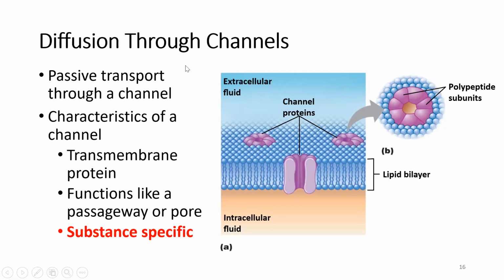This is also a transmembrane protein, but obviously it's shaped a little bit differently and it behaves a little bit differently in that it's simply a passageway or a pore or a channel or like a tunnel or column that's in the membrane. So it's not going to have a configurational change. It's not going to flip-flop the open face the way that the transmembrane carriers did for facilitated diffusion. Here, this is simply just a passageway that exists for those particles to travel through.